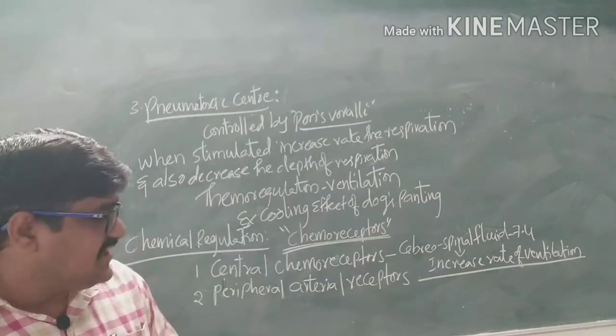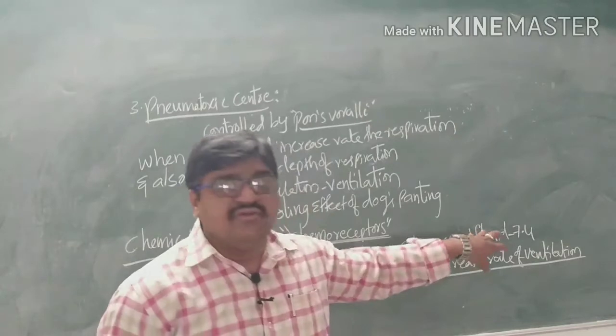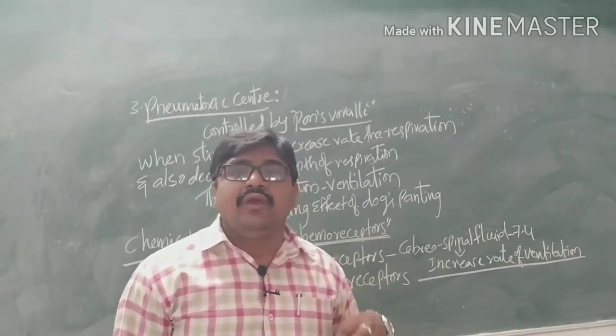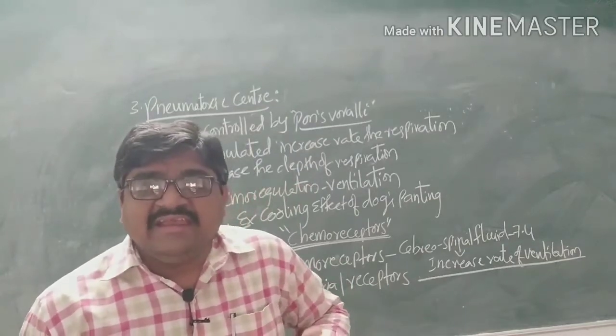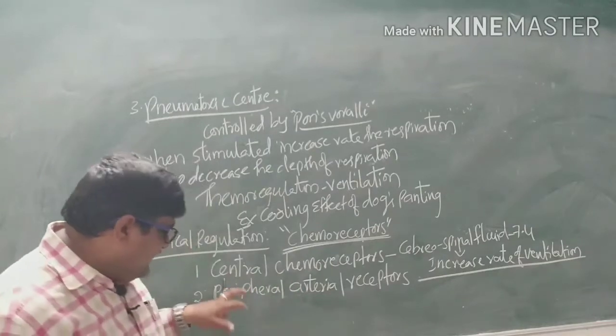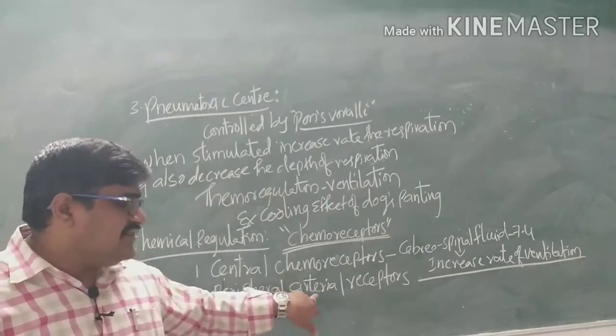Their main function is to increase the rate of ventilation, when inspiration or expiration is very low. And the next one, the peripheral and arterial receptors.